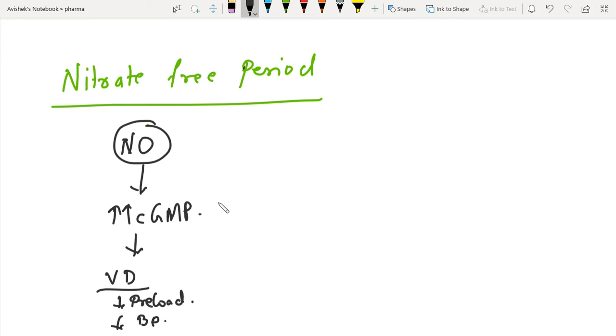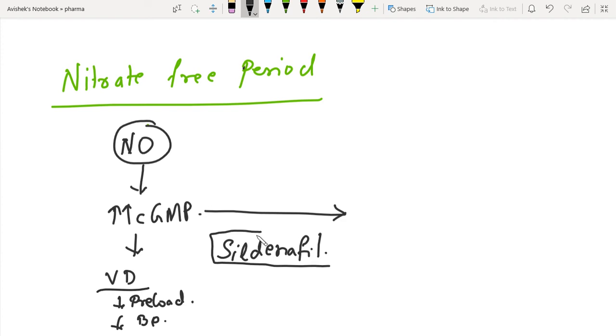But if somebody by mistake takes sildenafil, what is this sildenafil? It's more popularly known as Viagra, which is used by people who have erectile dysfunction.